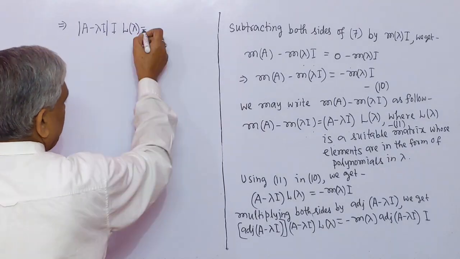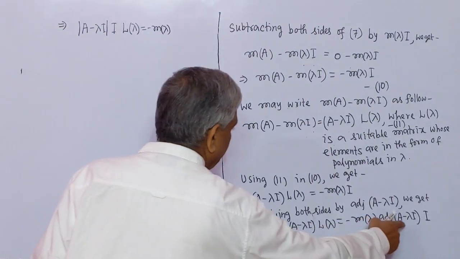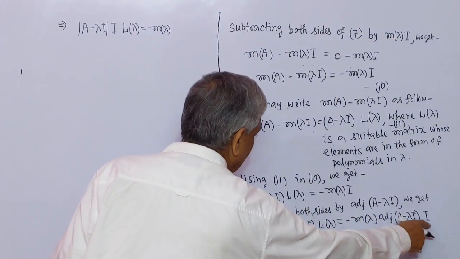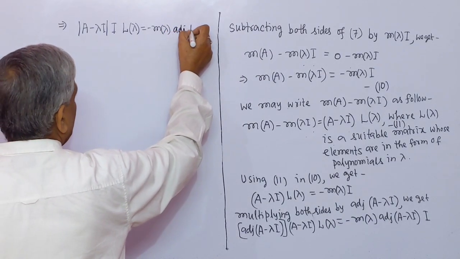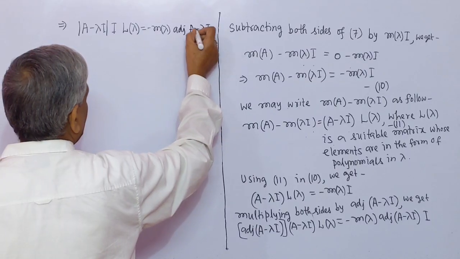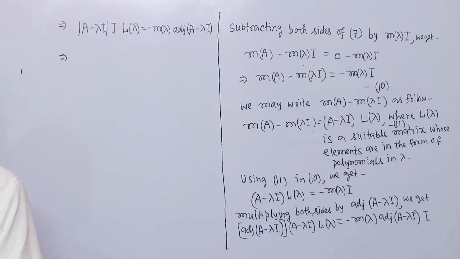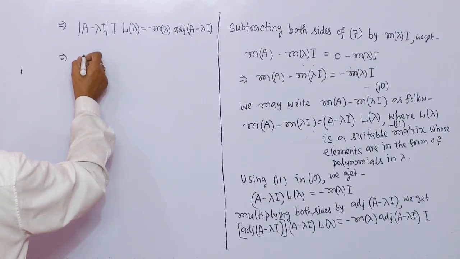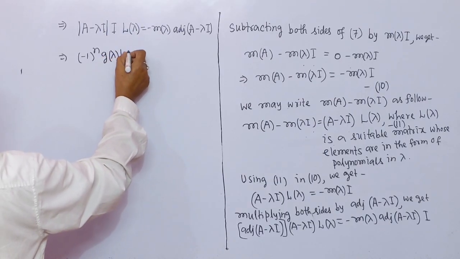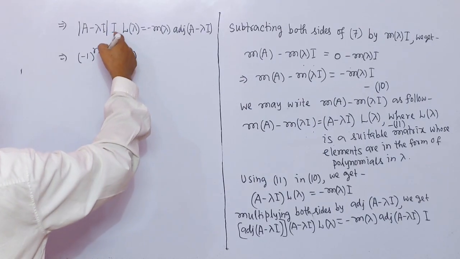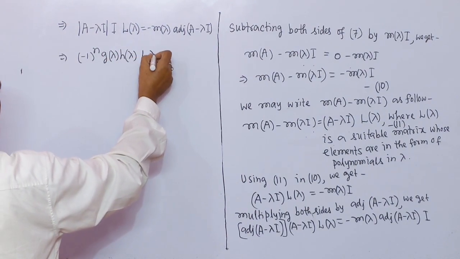The right side is minus m lambda times the adjoint of A minus lambda I multiply unit matrix, which is the adjoint of A minus lambda I. This implies that determinant of A minus lambda I is minus 1 to the power n g lambda h lambda, and I multiply L lambda is L lambda.